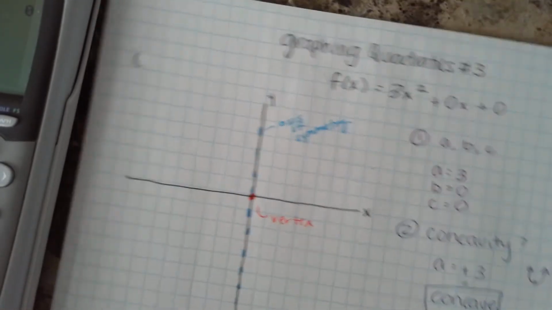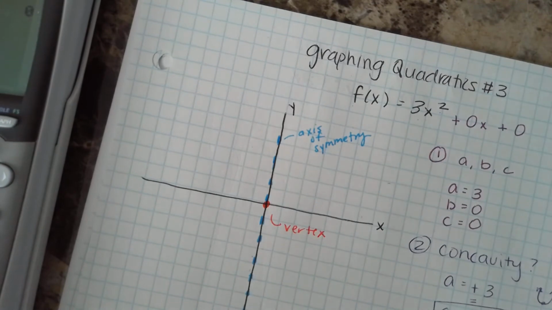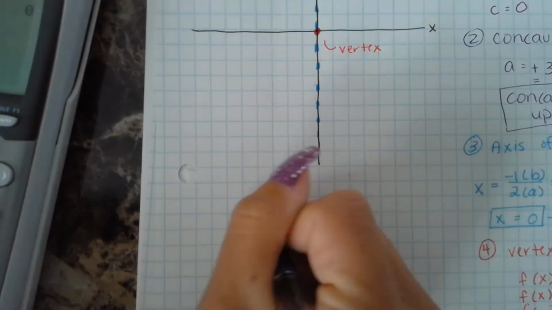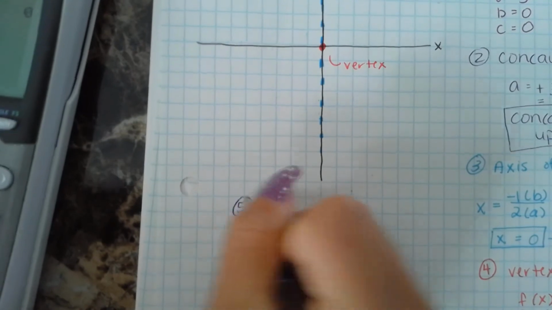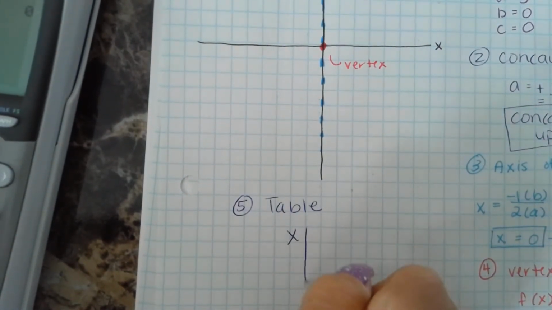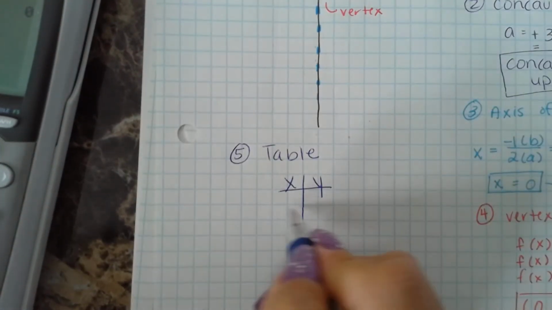Now we know it's going to be going in the up direction, so let's figure out the rest of our points. What we're going to do is create our table. So step 5 is creating our table. Remember, we're going to have our x's and our y's here, and make sure we have 5 little blanks.